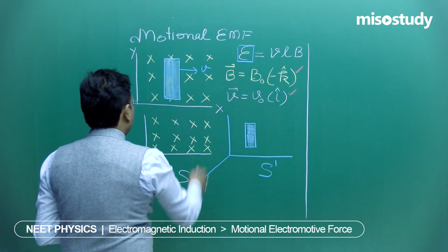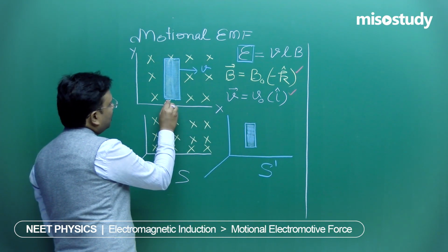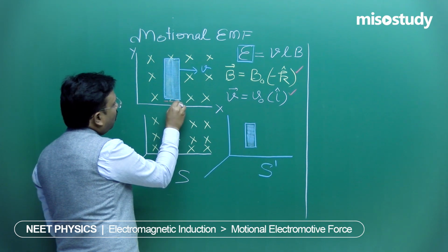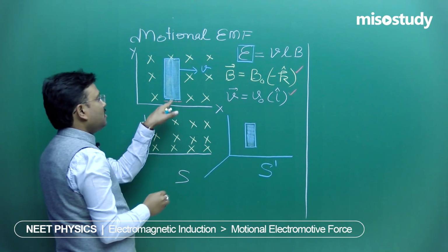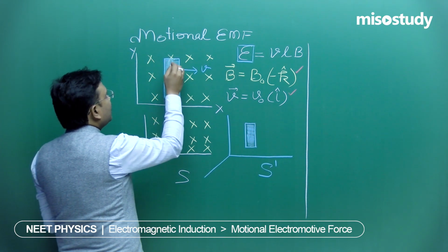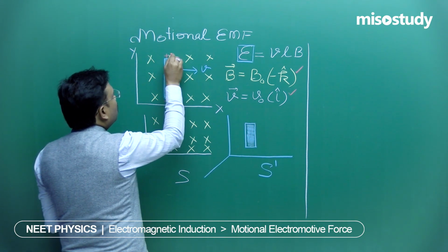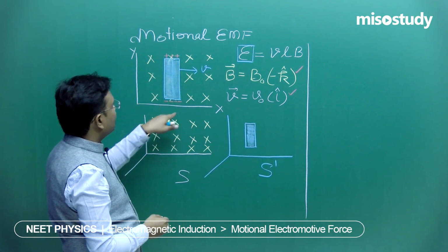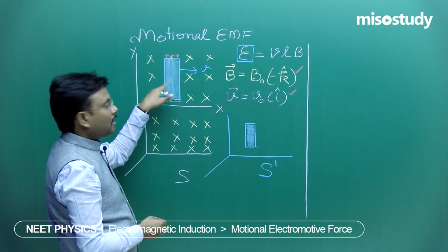So, in this situation, using the right hand rule, I can say that the direction of accumulation or motion of electrons is in this segment, and accordingly positive charge accumulation will take place, and this is happening inside this metallic rod or metallic conductor.